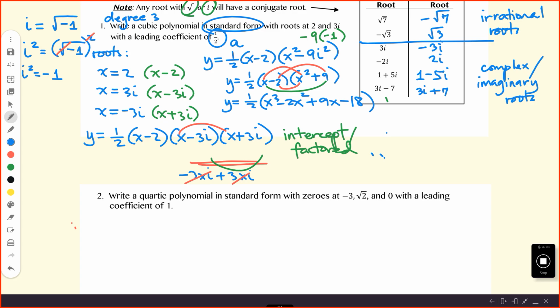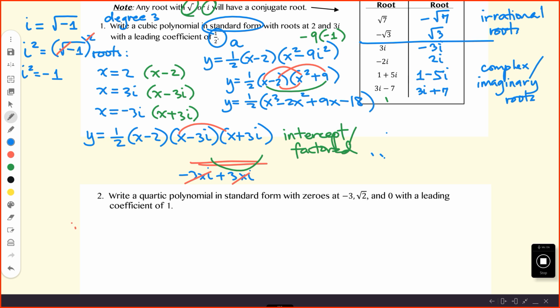Question? So again, make sure you have the skill in multiplying two binomials. Okay, again, if you don't know these, let me know, or you can come after school to ask for help.